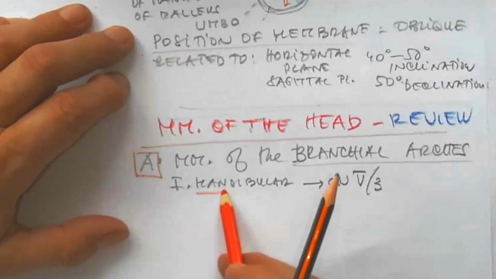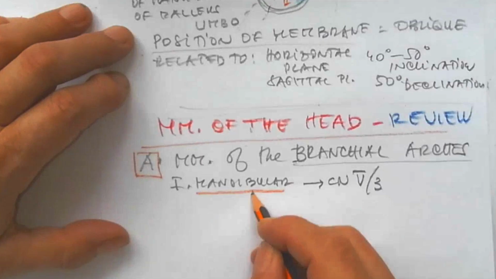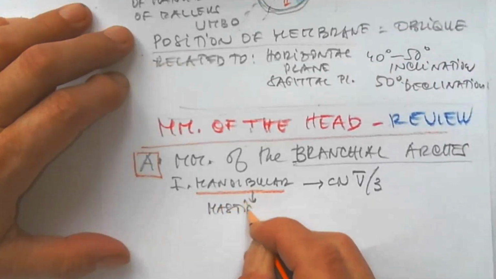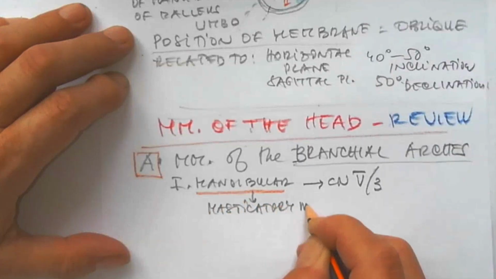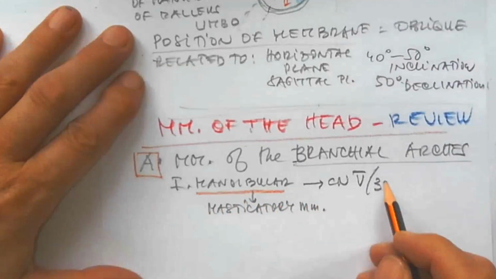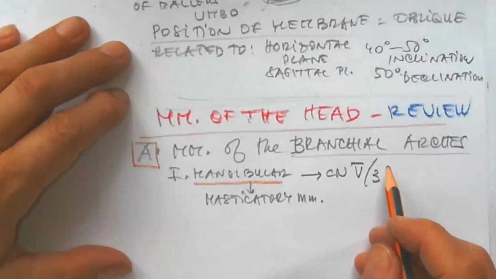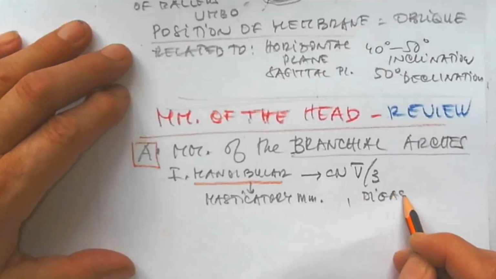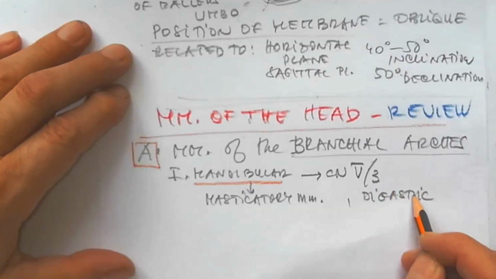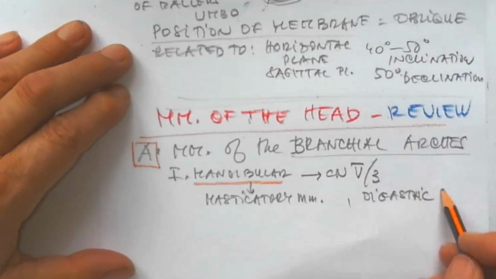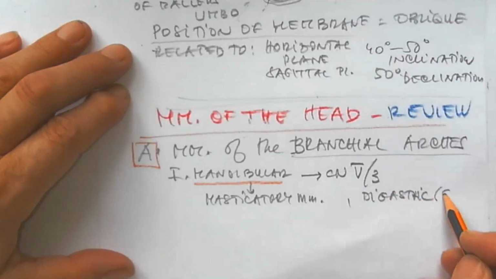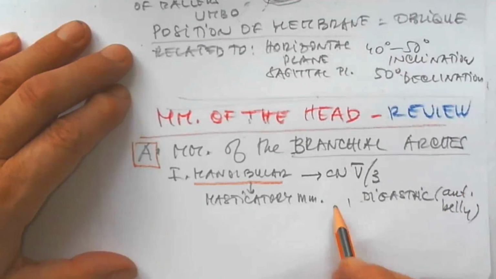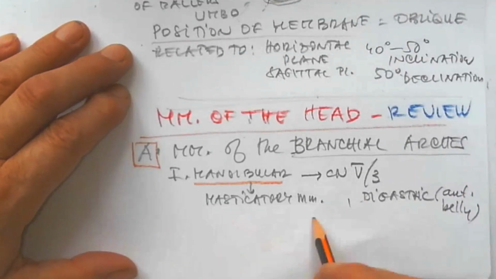The mandibular nerve, mandibular will be in red, innervates the muscles of mastication, or masticatory muscles. All of them are innervated by nerve number 5, but also the digastric. We will speak about the digastric later, the anterior belly, belonging to the suprahyoid muscles. Then also mylohyoid.